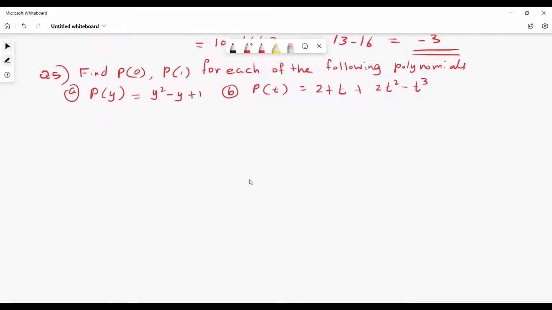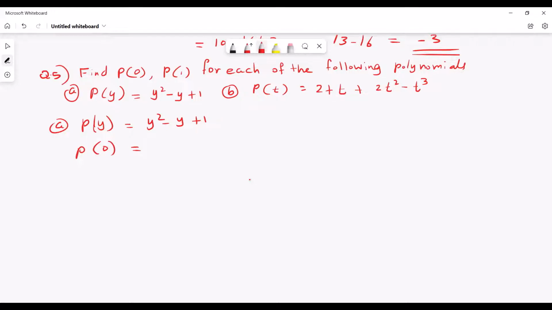Find P of 0 and P of 1 for each of the following polynomials. Here in question A, we will do first. A is given as P of y equal to y square minus y plus 1. So we have to find P of 0 first.